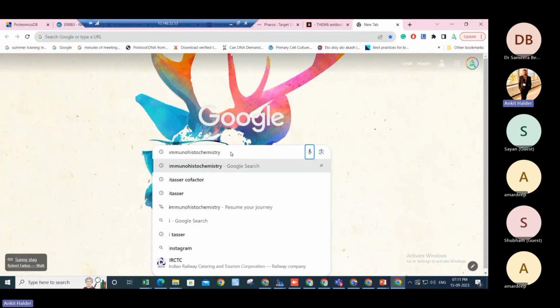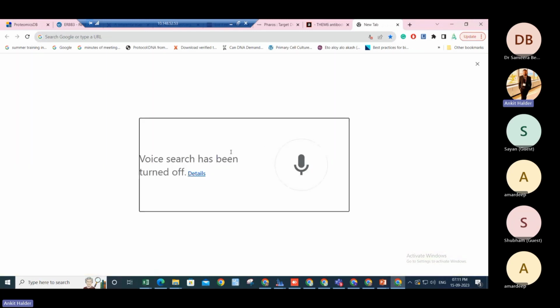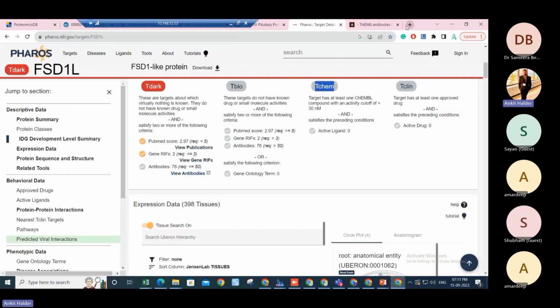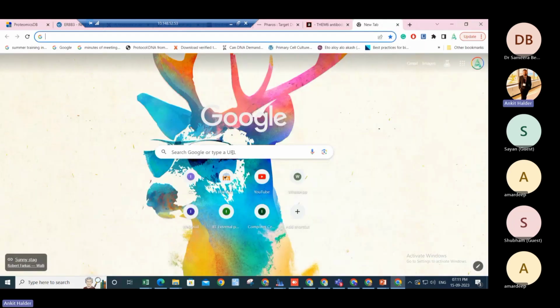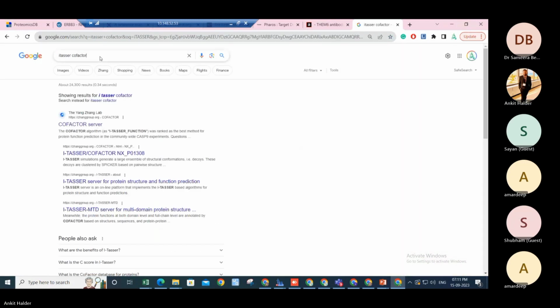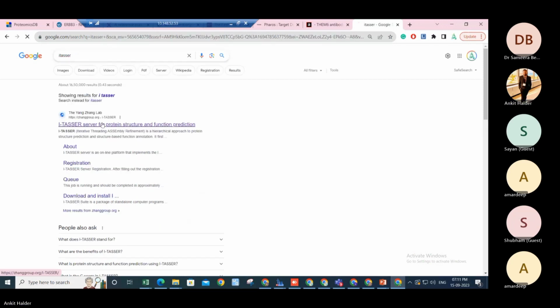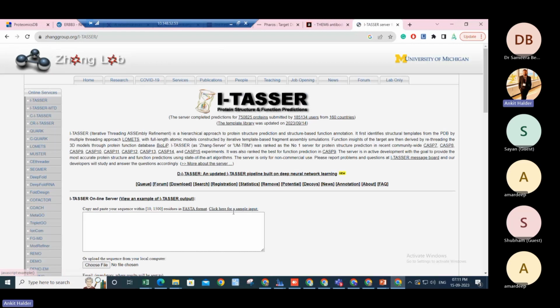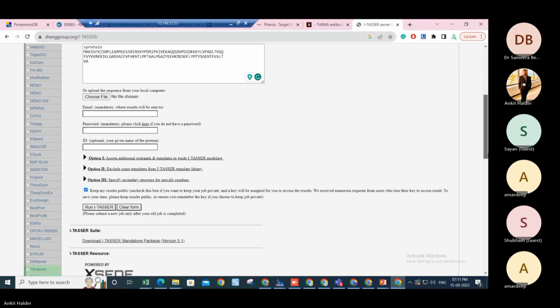So if you know the concepts of homology modeling, if you just give any protein in FASTA format, you need to provide your email, password, ID, and then you can see.